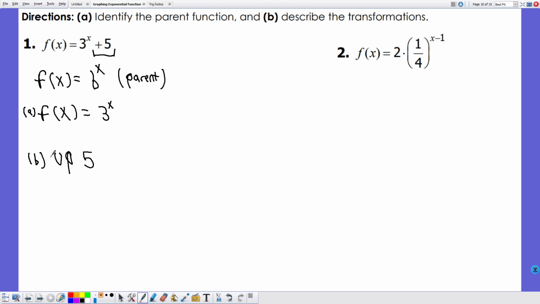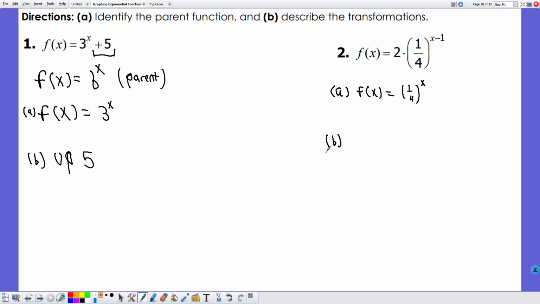For problem 2, the parent function is f of x equals (1/4) to the x. That's it, because you want to keep it in that same b to the x form. Our b is 1/4, since that's the value being raised to the power, and we're not going to include the negative 1. But for part B, that's what we'll be looking at.